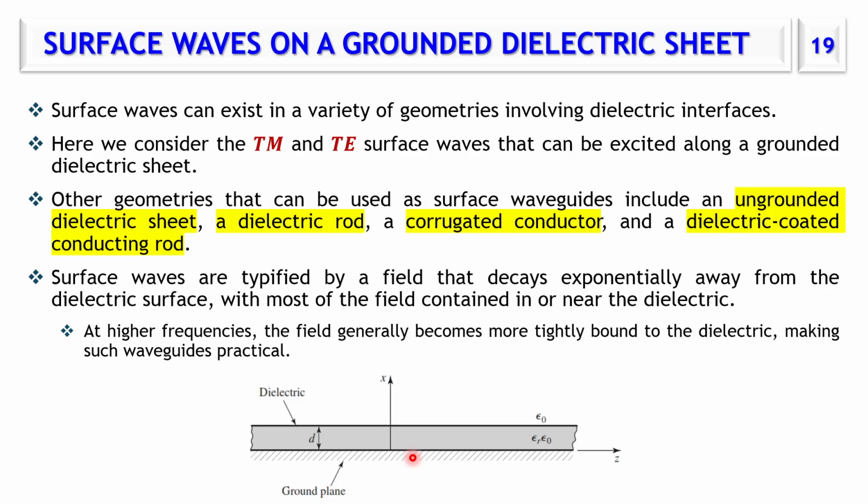Surface waves are known by a field that decays exponentially away from the dielectric interface. So if we are here, the field is decaying exponentially in this direction, but it is propagating in that direction. There is a large number of surface wave structures. This dielectric can cover a plane, it can cover a rod, it can be a corrugated metallic conductor, and so on and so forth.